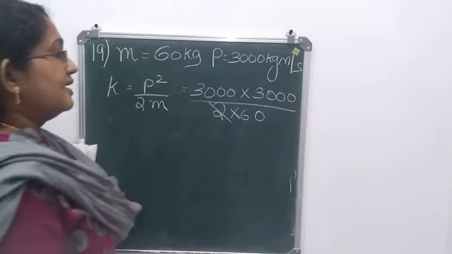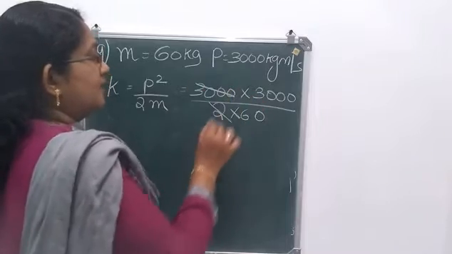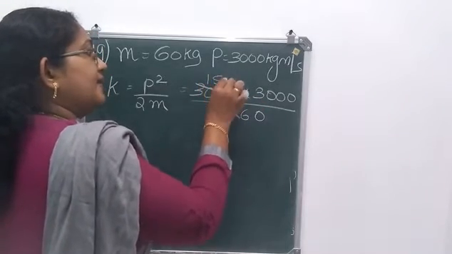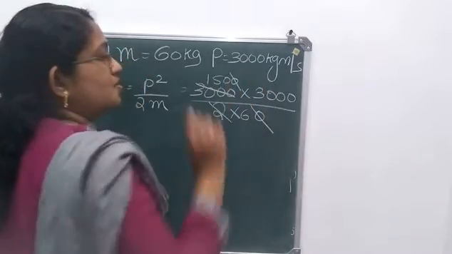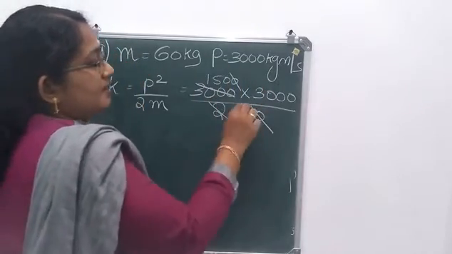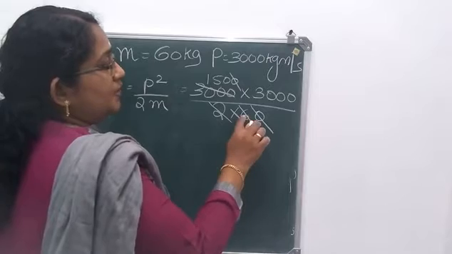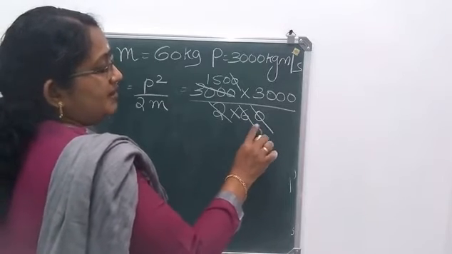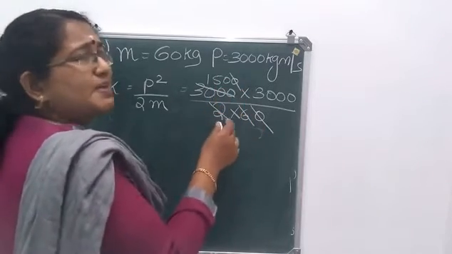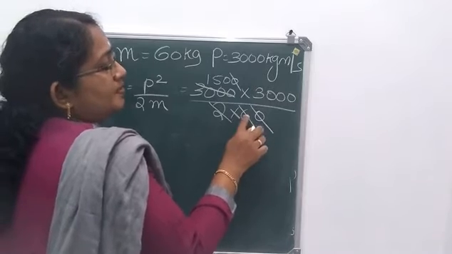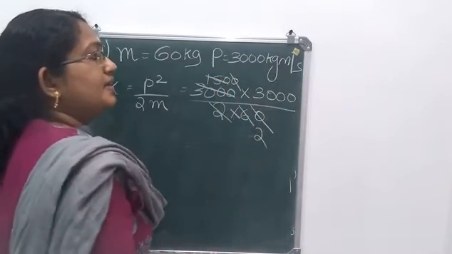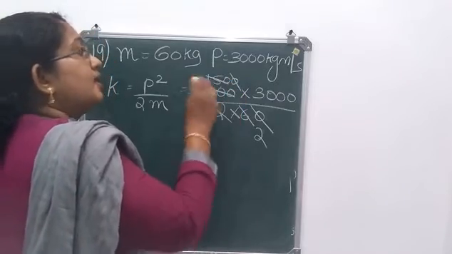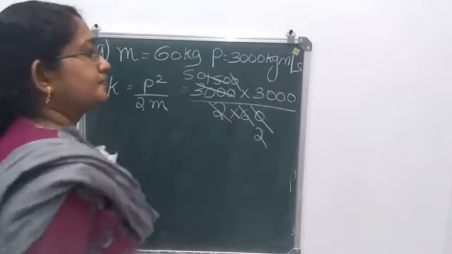If I cancel 2 and 3000, here I will be getting 1500. Then let me cancel these two zeros. Now with 3 we will divide, that will be easy. So 6 divided by 3 is 2. 150 divided by 3 is 50.